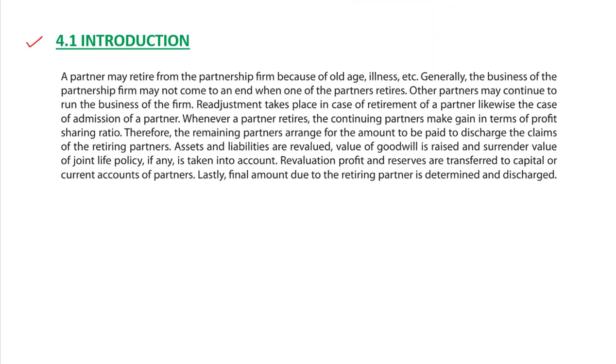Introduction. A partner may retire from the partnership firm because of old age, illness, etc. Generally, the business of the partnership firm may not come to an end when one of the partners retires. Other partners may continue to run the business of the firm.